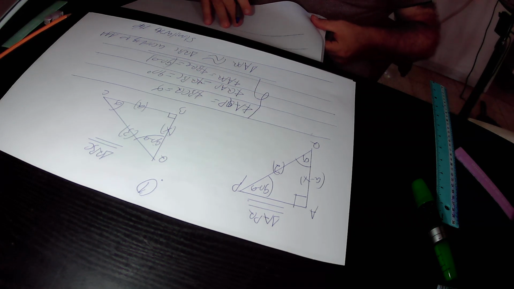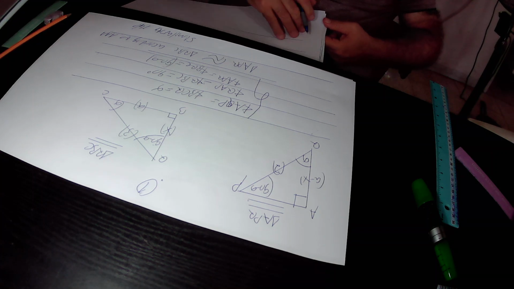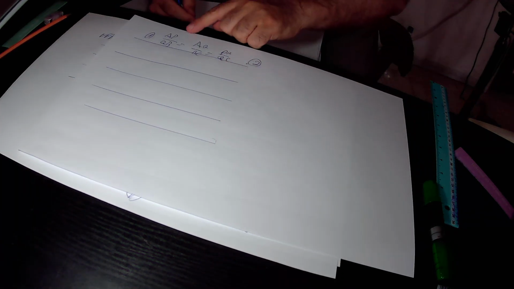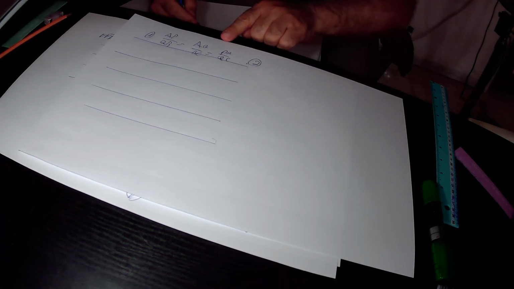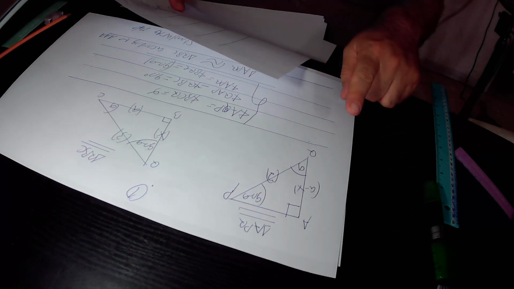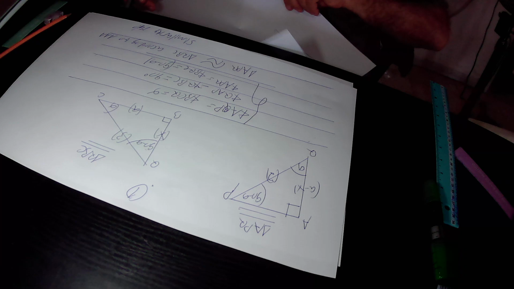And again, I actually found out that according to equation 1, AP over QB equals AQ over BC equals PQ over QC. AP is the missing side, so we leave it as it is.